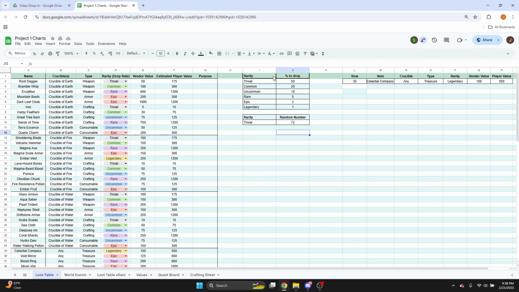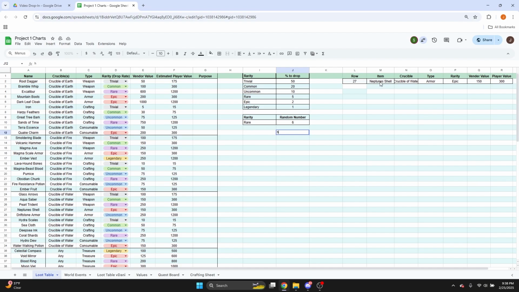And then moving onwards, we have the rarity with the drop rate. You can see that 72 will give you a trivial rarity, and you could even change it. And 6 is rare since it is 5 and up. And then over here, you can see we have the row with all the item information.